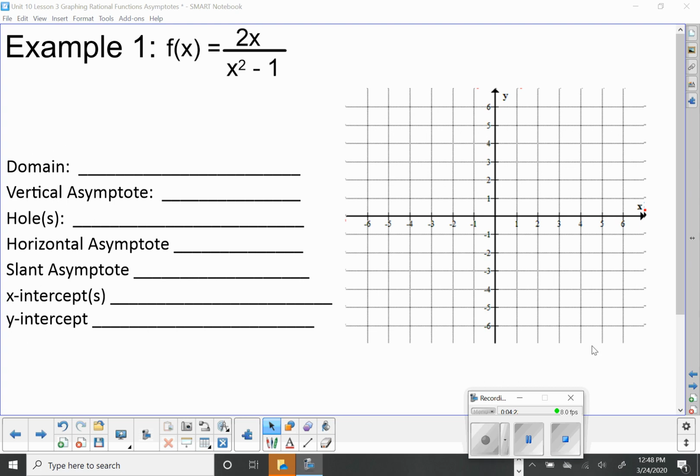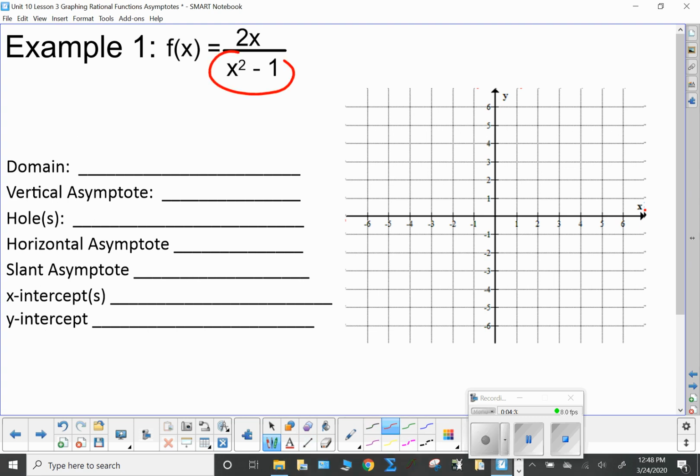Okay, so we're taking a look before we even start graphing, and we want to look at the domain. You start by assuming that anything can be put in, but then remember that the domain is your possible inputs. So I have to look at my denominator. And my denominator can't equal 0. If my denominator equals 0, then I can't use that as an input. So x squared minus 1 does not equal 0.